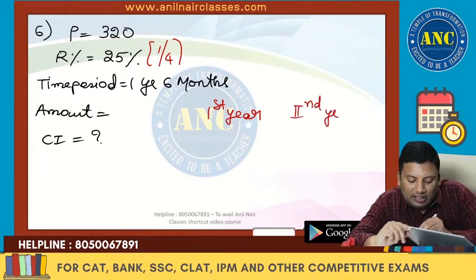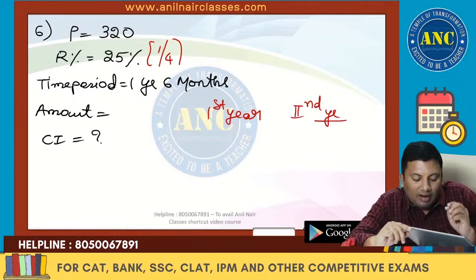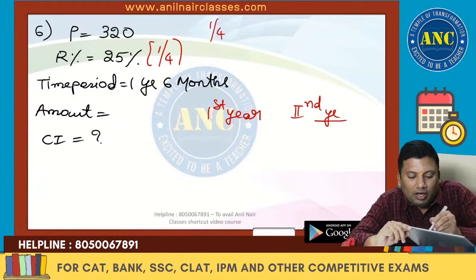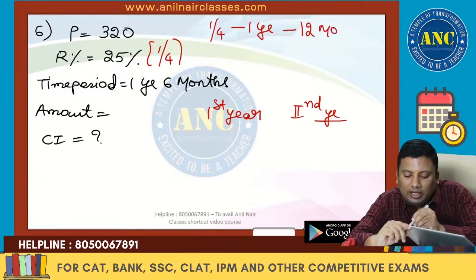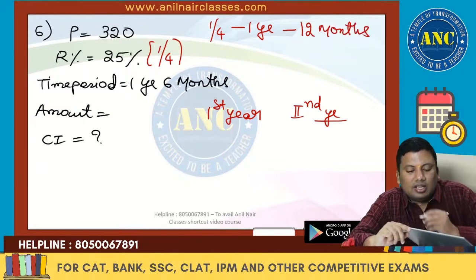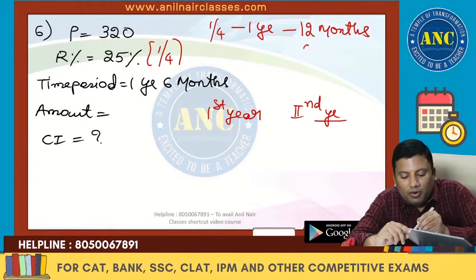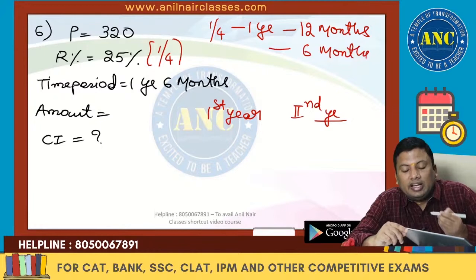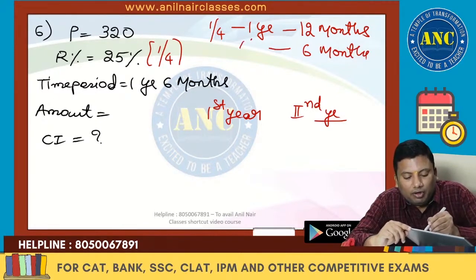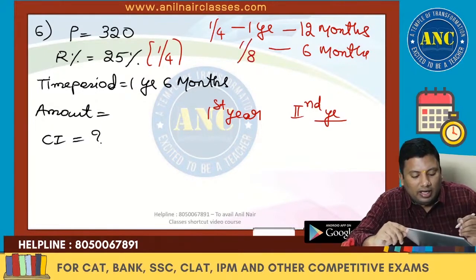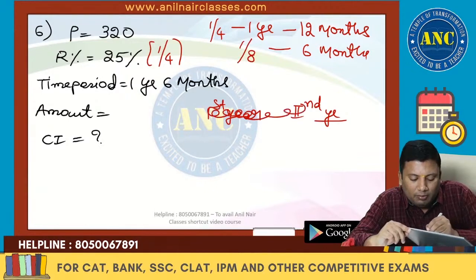Rate of interest for 1 year is 1 by 4. 1 year is nothing but 12 months. But I want for 6 months. So it is half of 1 by 4, which is nothing but 1 by 8.